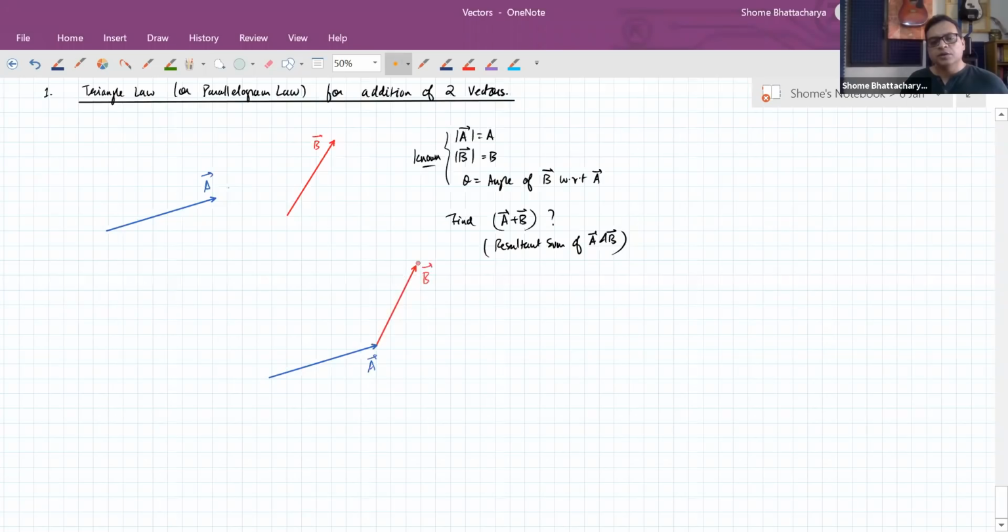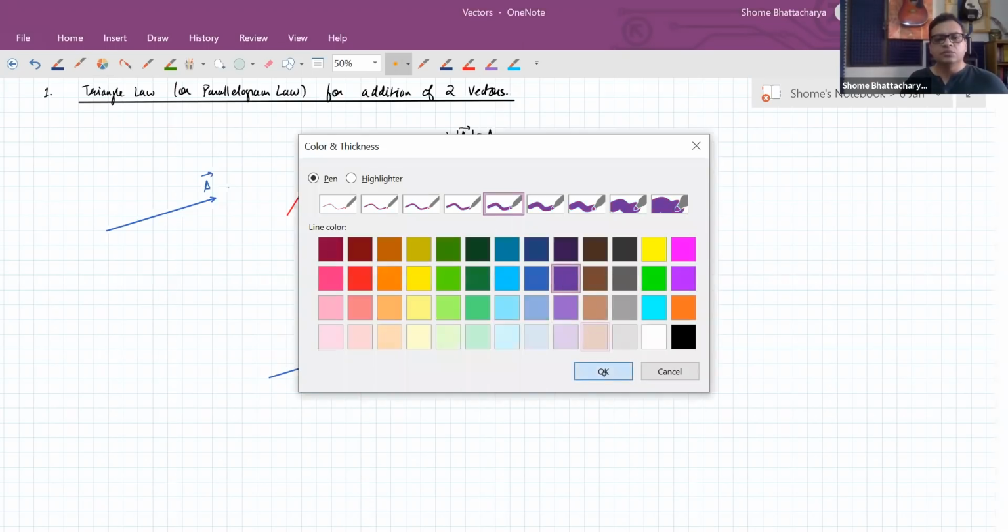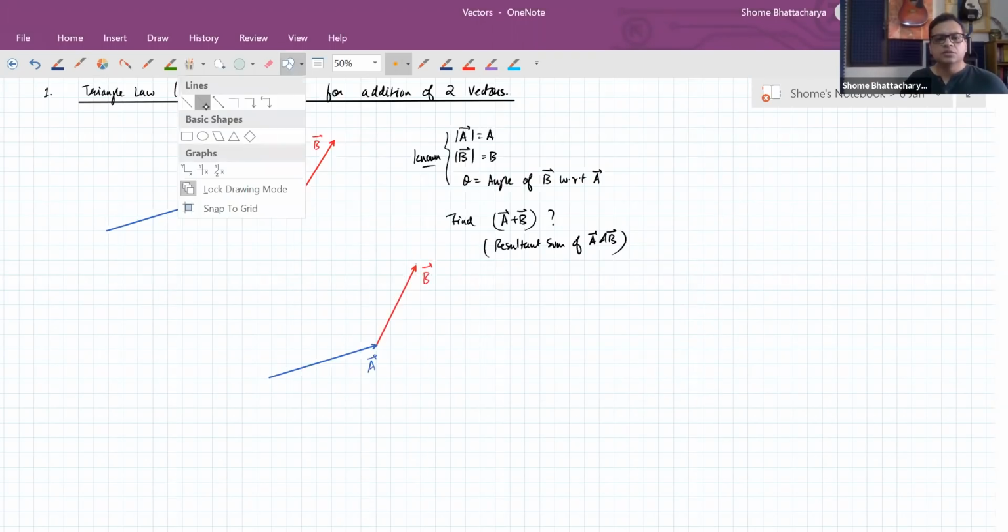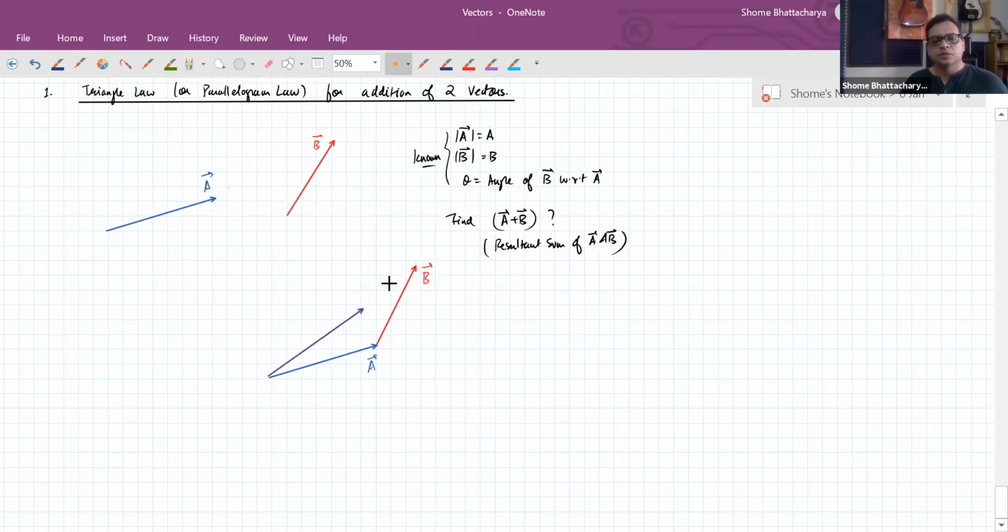We end up at this point. So this becomes our final point, whereas the starting point of A was our starting point. So our net displacement, which is basically the resultant of A and B, becomes this one. That is why it is called the triangle law, because the resultant is expressed as the third side of a triangle formed by A and B as two consecutive sides. So that is why this is called the resultant.